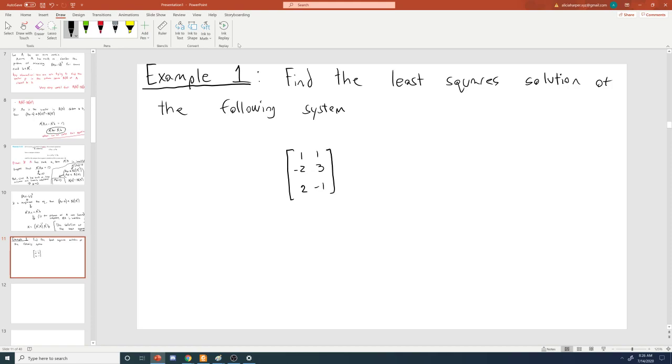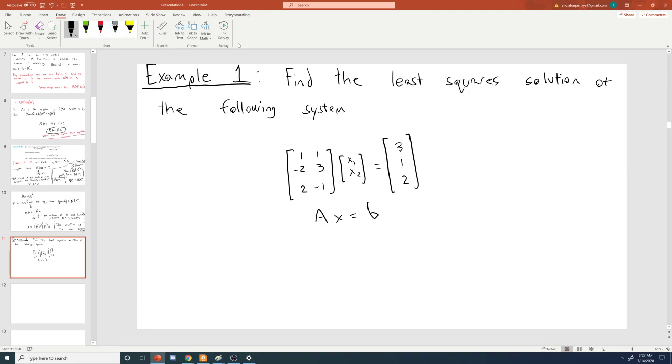And I'm multiplying this by a vector x1, x2, and setting this equal to 3, 1, 2. We can take for granted that this equation is probably not going to be solvable, but we can still try to find the best almost solution, the least squares solution.